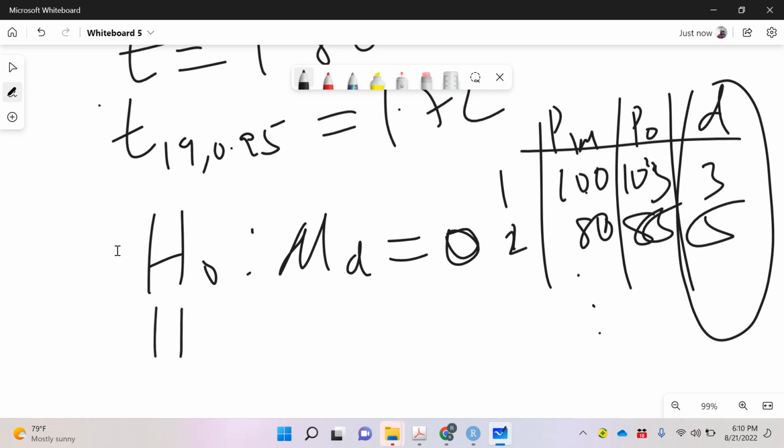So then also we have 3 cases. Mu d greater than 0, less than 0, or not equal to 0. So we have to decide. Here, we want to find out whether the program is successful. If the program is successful, we expect them to gain more weight, right? So what will be the difference?